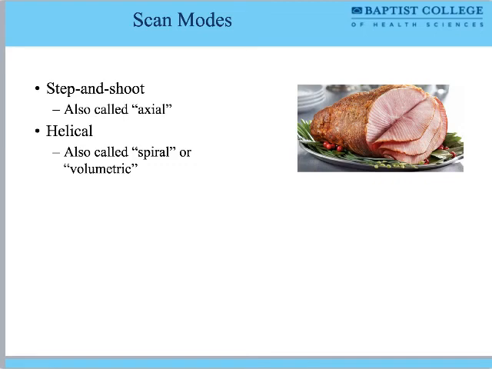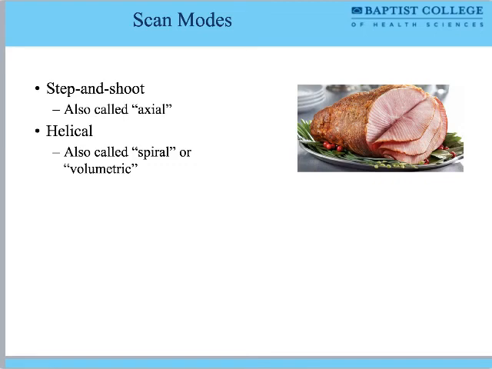So there's two different modes that we scan in. For the most part, almost all protocols now have moved towards helical, right? But there's two. The first we'll talk about is axial. That means step and shoot.